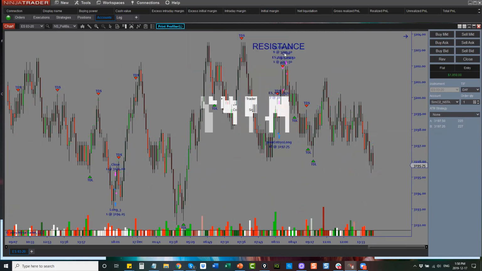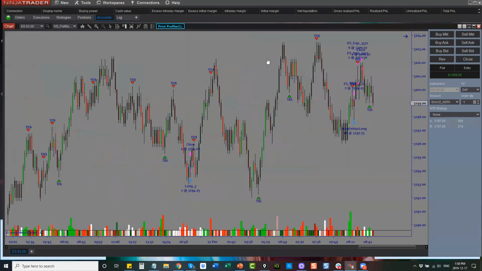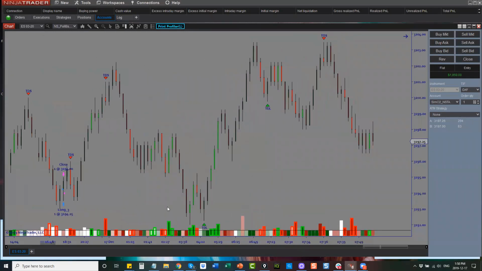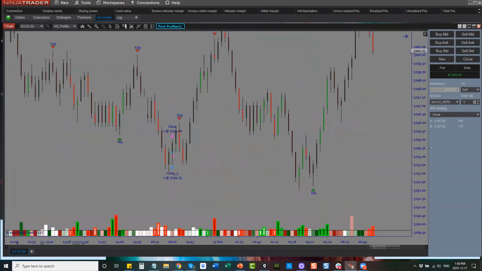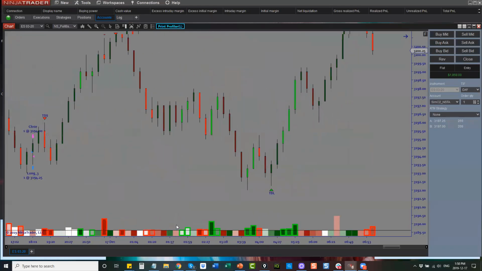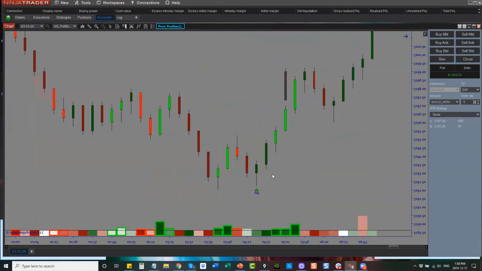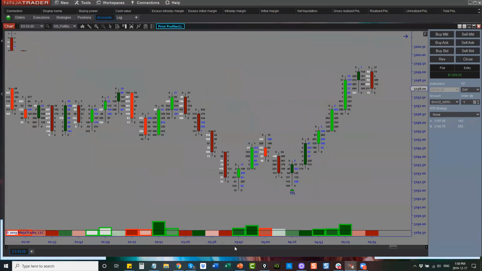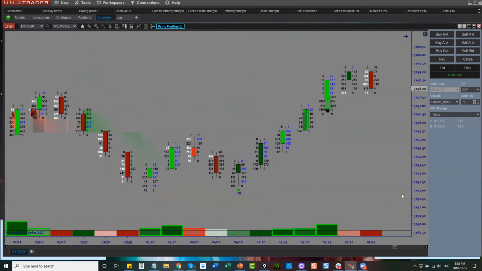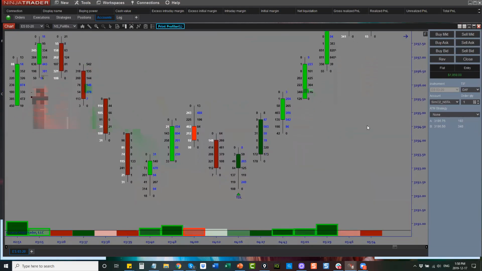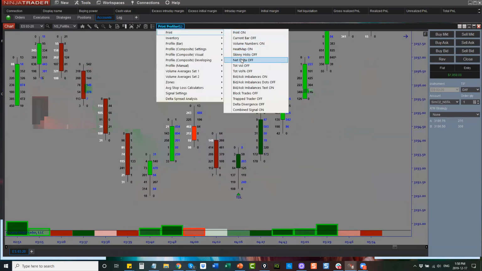Turn off the support, let's turn off the resistance. And let's just go down here to the lows, right? Take a look at this low down here. This candle right here is a combination of two order flow algorithms running inside of the time and sales. If we separate the data and go down into it, let's turn net delta on again.